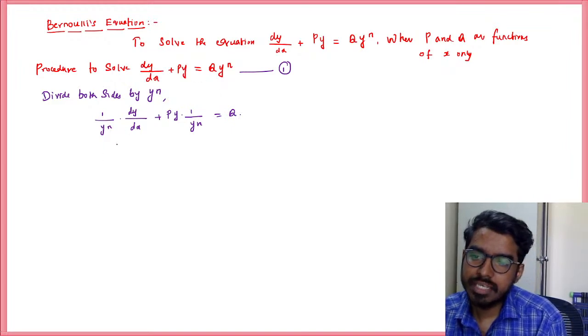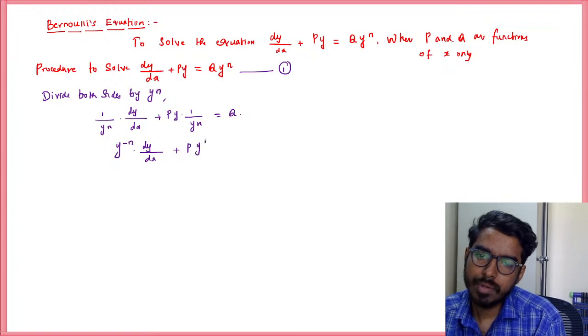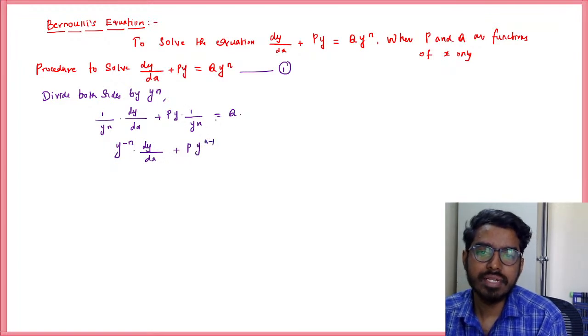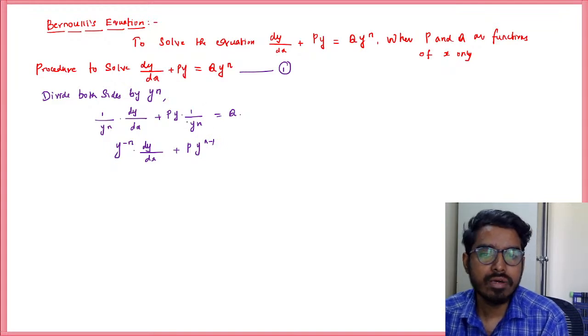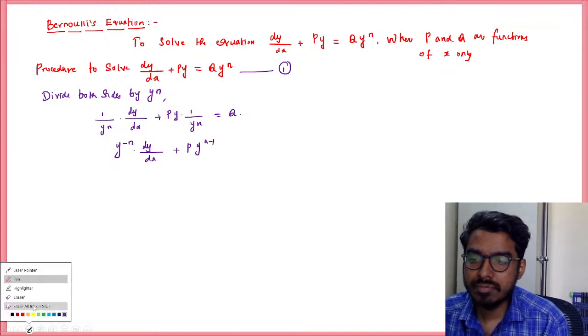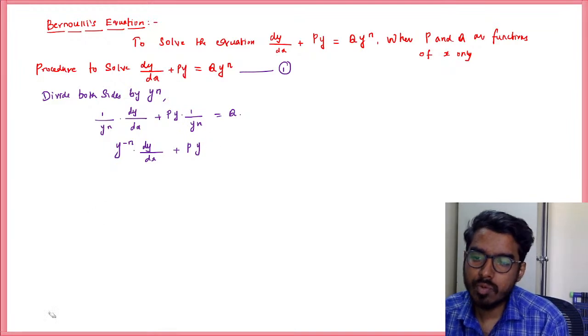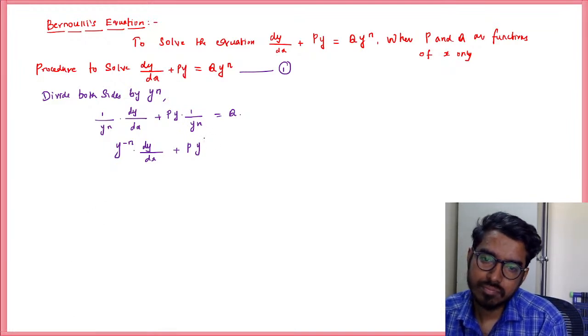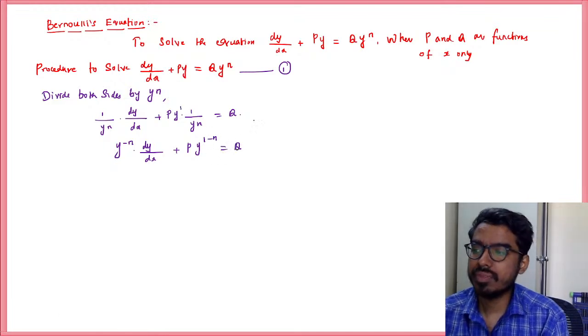So this is the same as y^(-n) dy/dx + P y^(1-n) = Q. If I bring this term to the numerator, we will have y^(-n), and y^(-n) into y is y^(1-n).